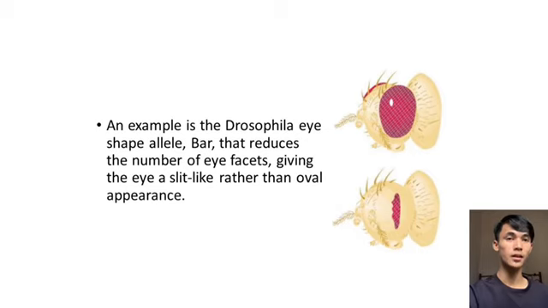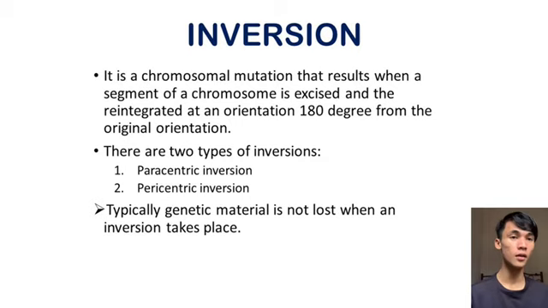Duplication can cause phenotypic variation that might at first appear to be caused by a simple gene mutation. The bar eye phenotype in Drosophila is a classic example. Instead of the normal oval eye shape, bar eye flies have narrow, slit-like eyes.